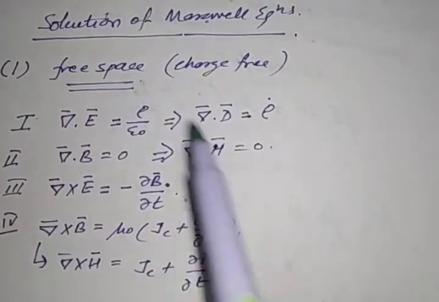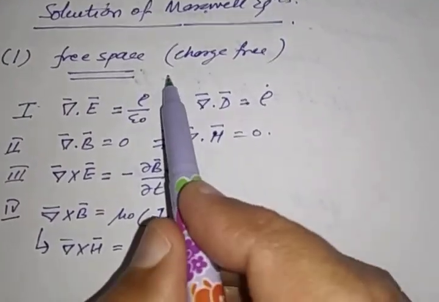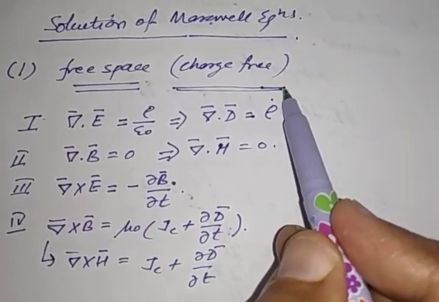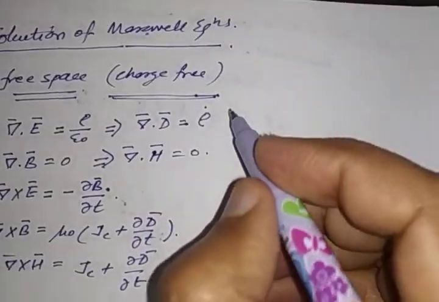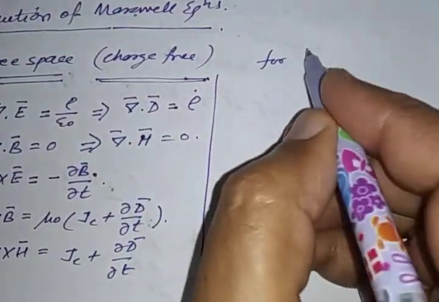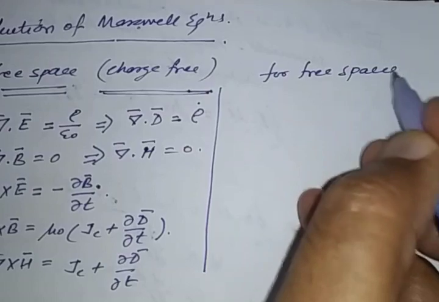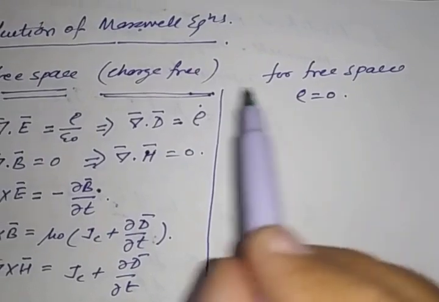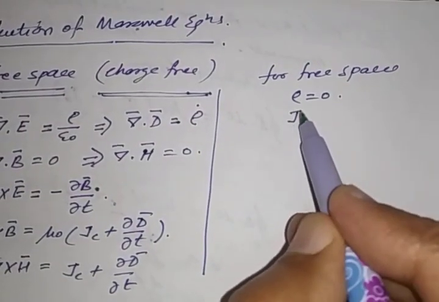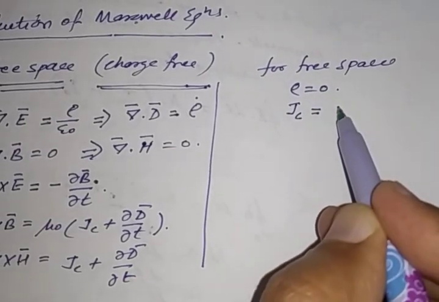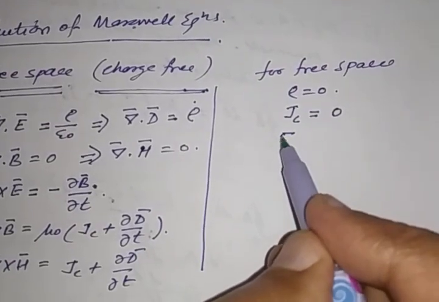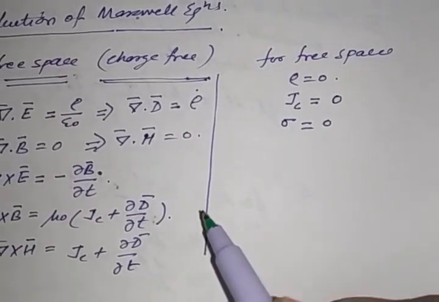But the environment says that it's a free space, a charge free space. So for free space there will not be any charge, so we can write over here that for free space the charge density is 0. As soon as this becomes 0, our conduction current density also becomes 0, because conductivity is 0.